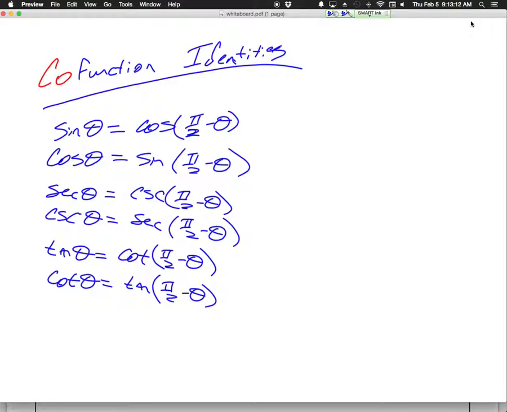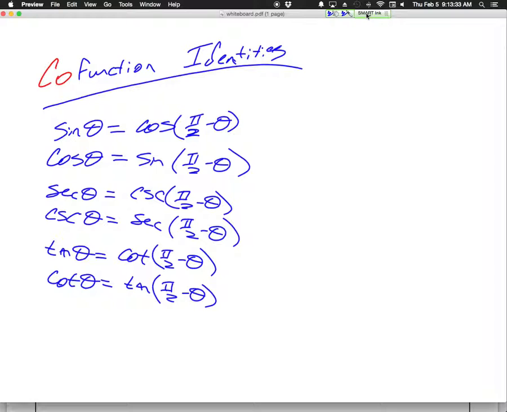Everybody done writing it down? Who wants to write it down? You got it, Hunter?